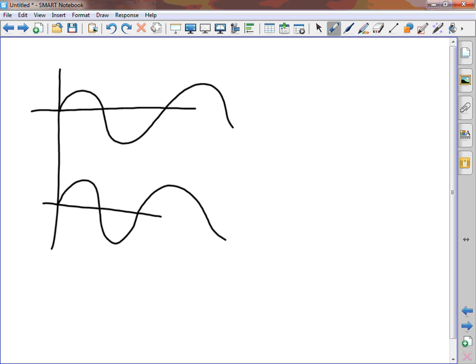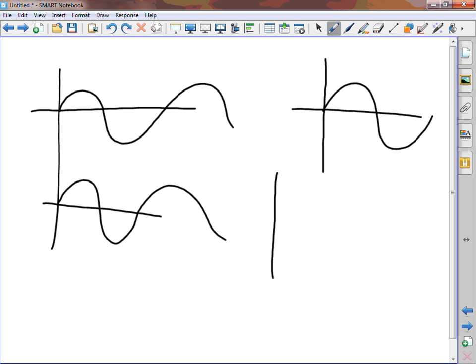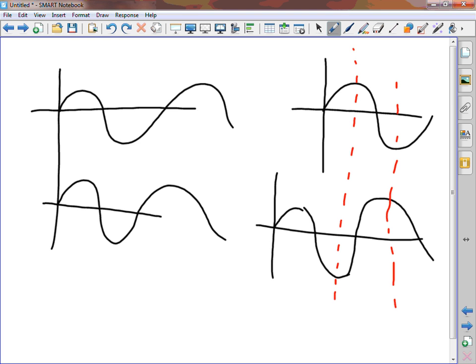He still starts right here, the top guy, but this guy has to go half a wavelength further. If I slide him back half a wavelength, what type of interference occurs? Yes, destructive. Good.